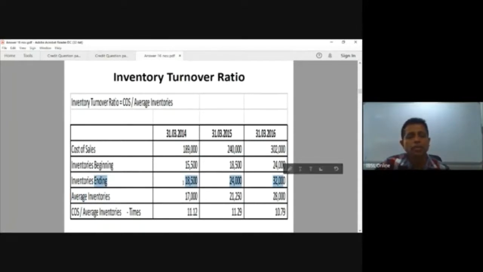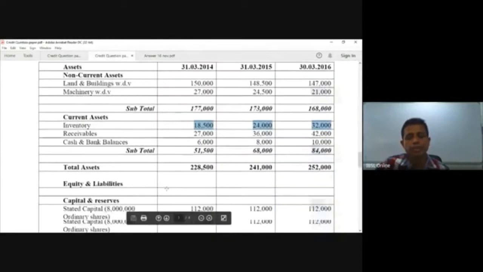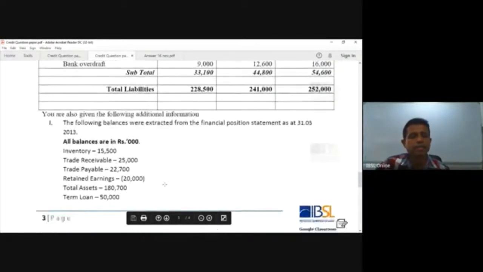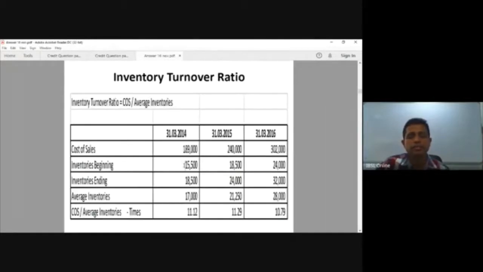For 2014, the beginning inventory will be the 2013 ending inventory. Now go to note number 1. They have given the 2013 ending inventory as 15,500. I took that figure as the beginning inventory of 2014.